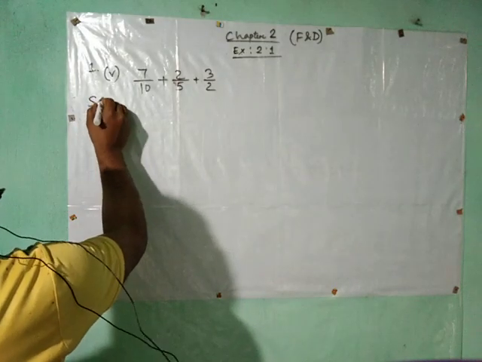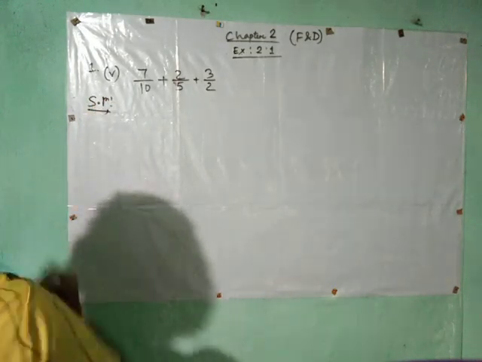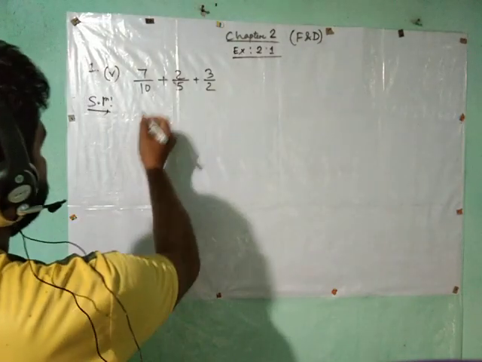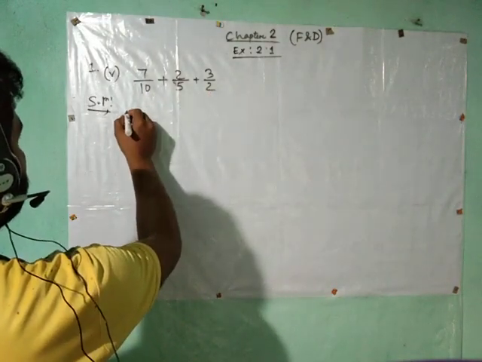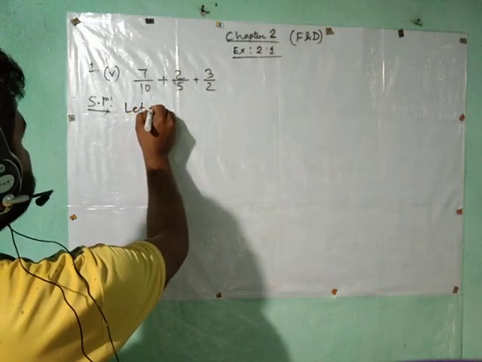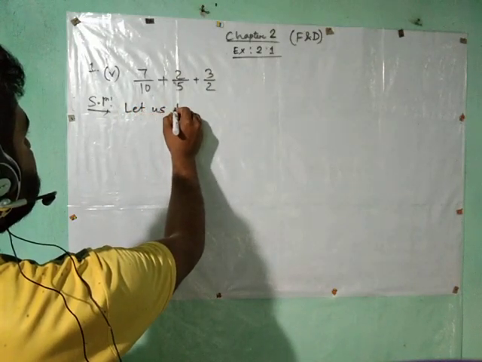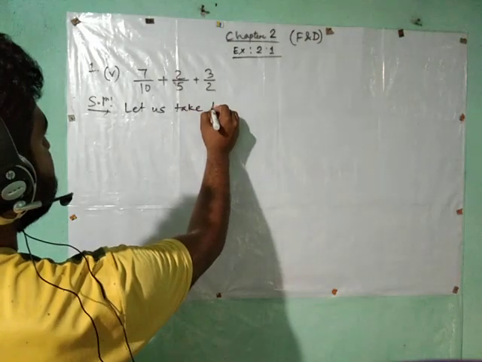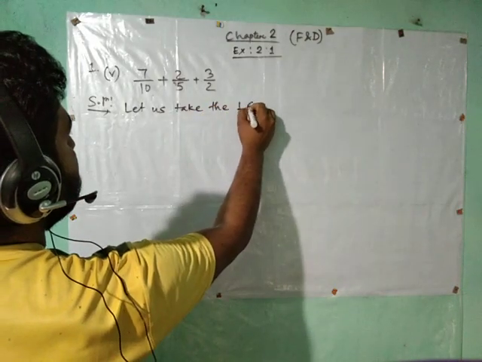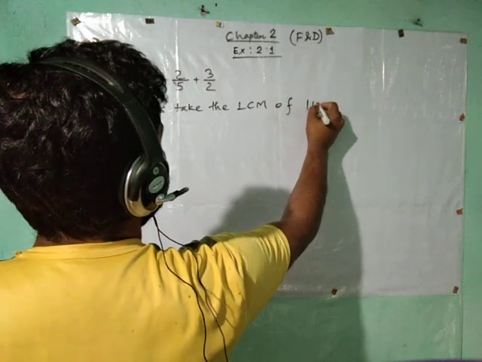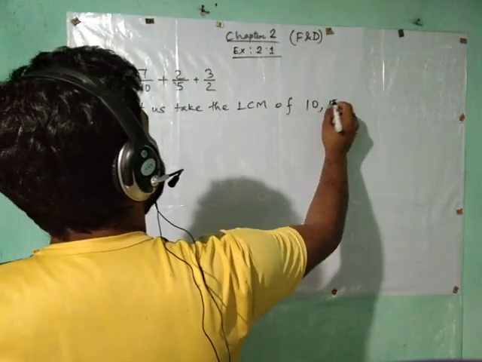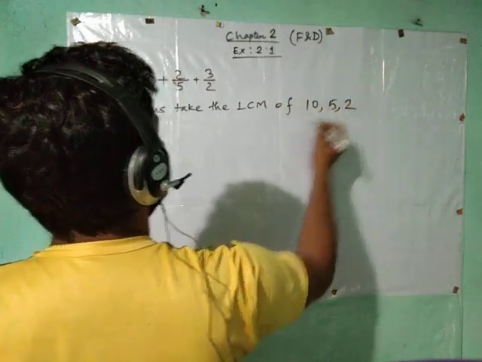After writing the solution, first you have to take the LCM of 10, 5 and 2. So let us take the LCM of 10, 5, 2.